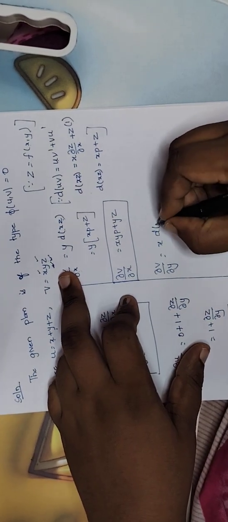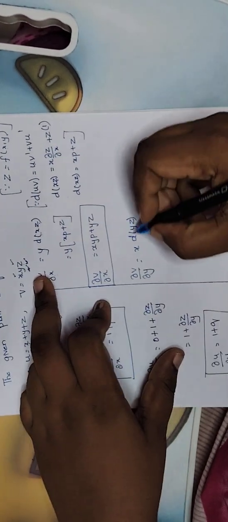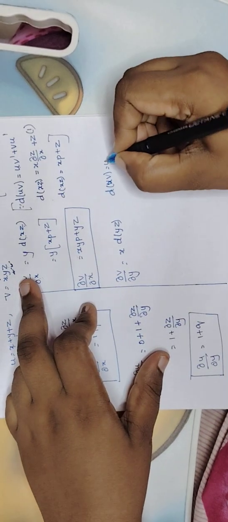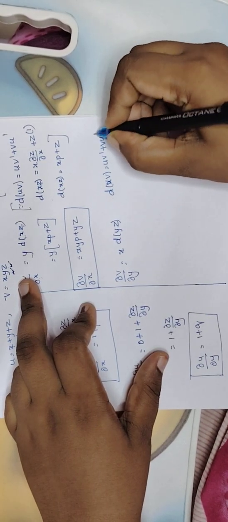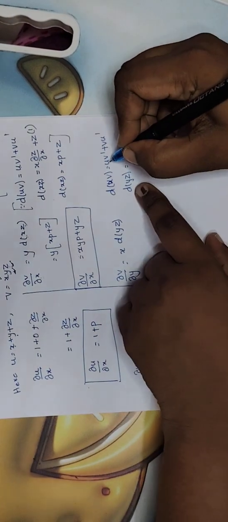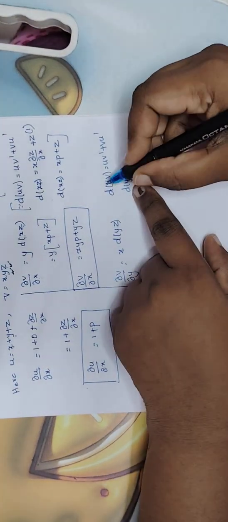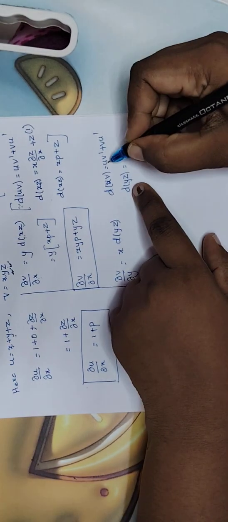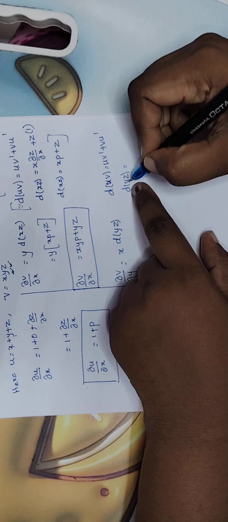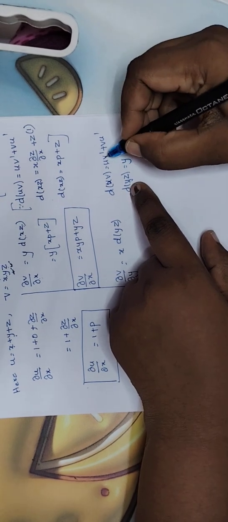So I'll differentiate yz. Differentiation of uv, we know that it is u v dash plus v u dash. This is the formula. So differentiation of yz: u is nothing but y, v is nothing but z. If you apply this formula, in place of u we have y, so y v dash.